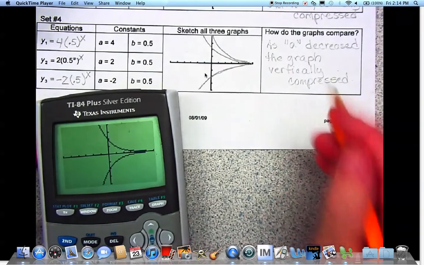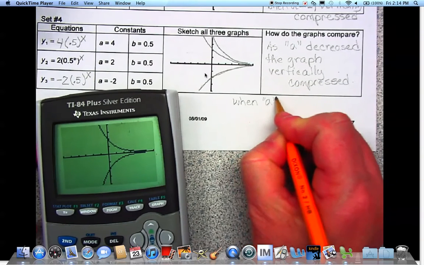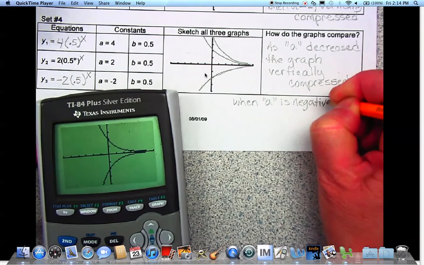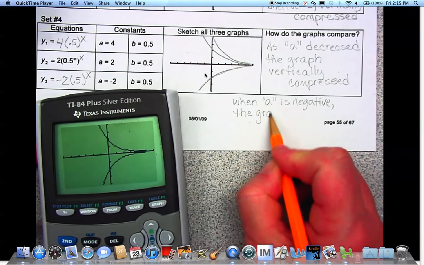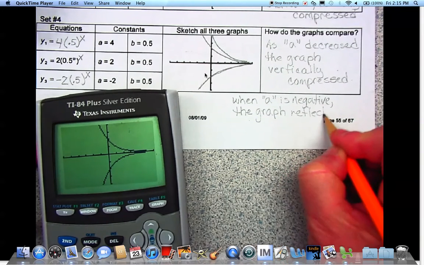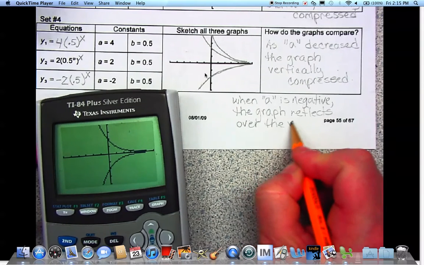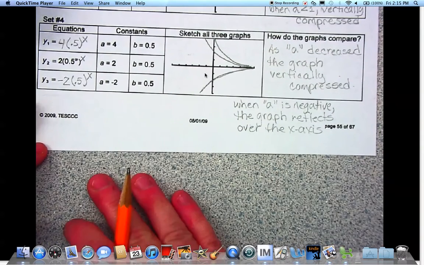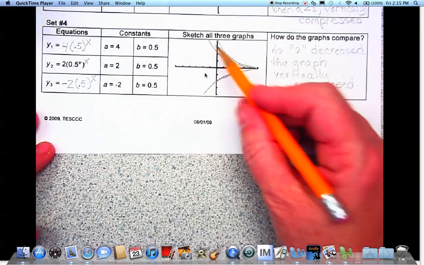Alright, so now we're going to put when A is negative. What happens to the graph? Flipped over the x-axis. I'm going to say reflects over the x-axis. Okay, now, these two graphs up here, are those growth or decay?